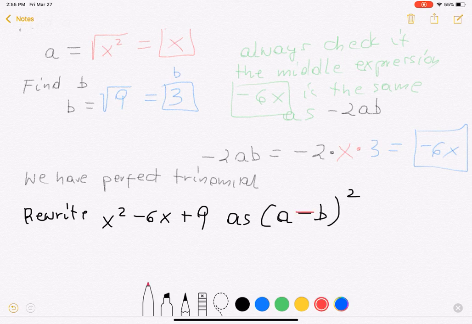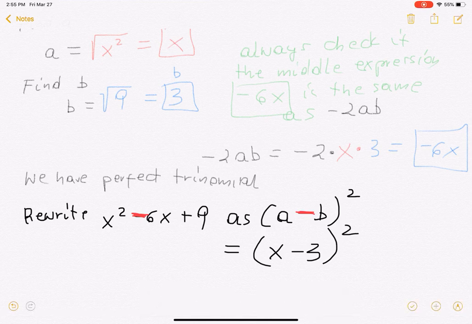And again, minus, I'm using the formula with minus because your middle expression is negative. So x squared minus 6x plus 9 is the same as x minus 3 to a second power.